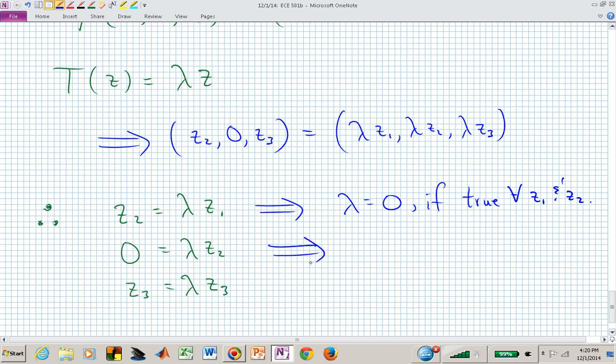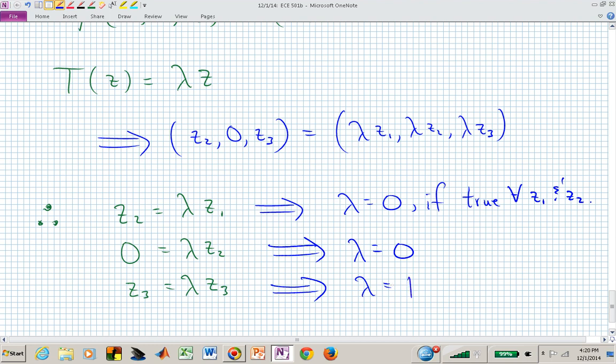Maybe what we should have done is looked at the second one first. This one now says if this is true for all z2, lambda is equal to 0. What about the third one? In order for z sub 3 to be some scalar multiple of z sub 3, for all z sub 3, lambda is equal to 1.